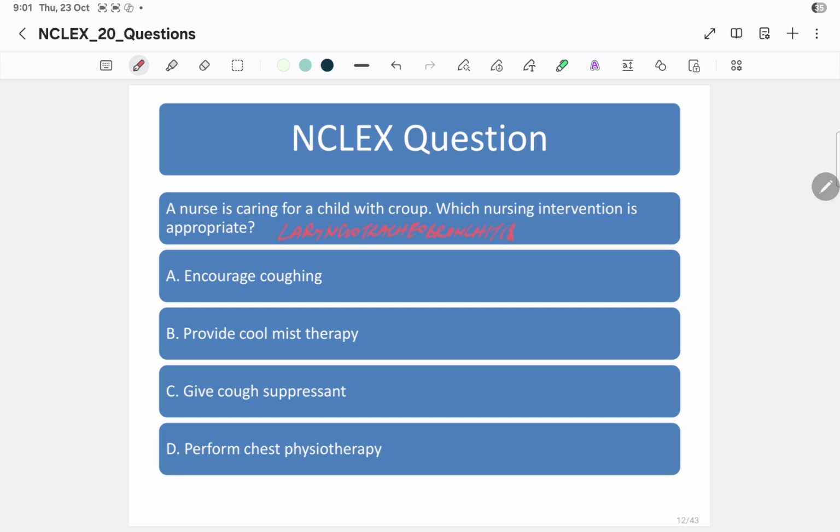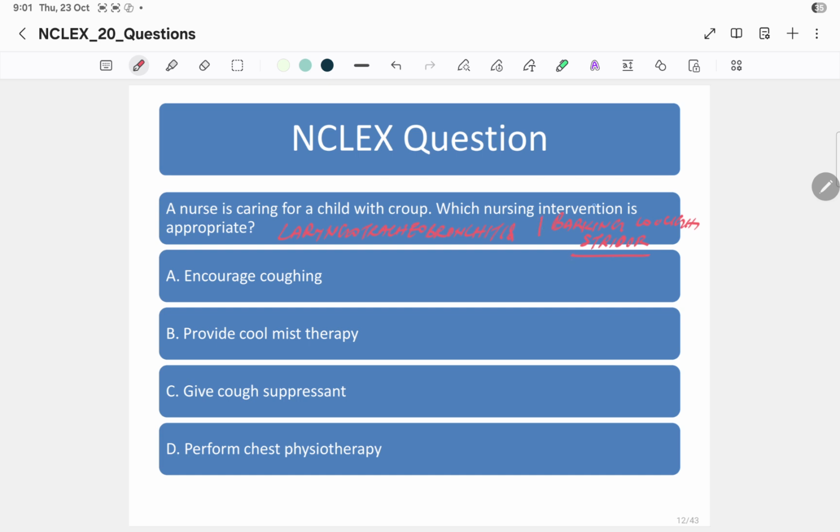It is a respiratory illness that affects the larynx, trachea, and bronchi, leading to inspiratory stridor and barking cough. In croup, we can see barking cough and stridor. Stridor is an abnormal high-pitched breathing sound.